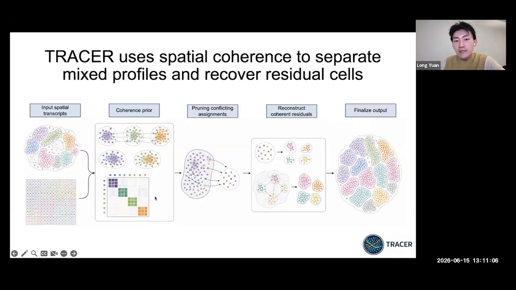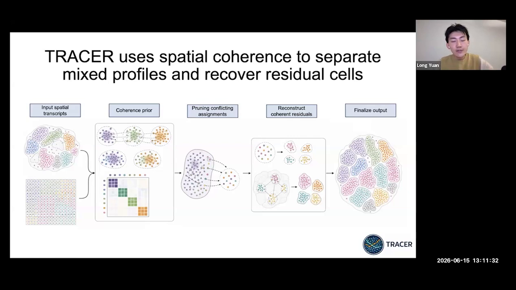Tracer therefore learns a coherence prior from the data, prunes the conflicting assignments from cells, rescues the residuals, groups them into partial cells, and stitches profiles when there is strong evidence that they belong together.